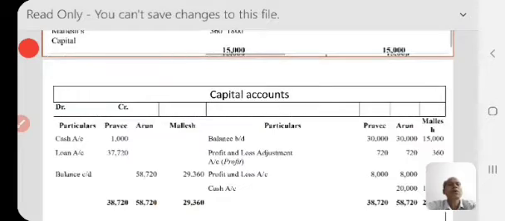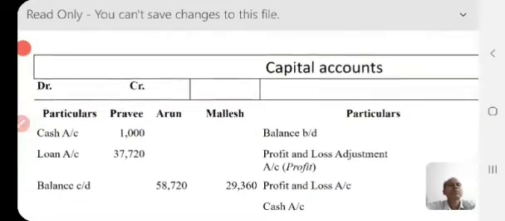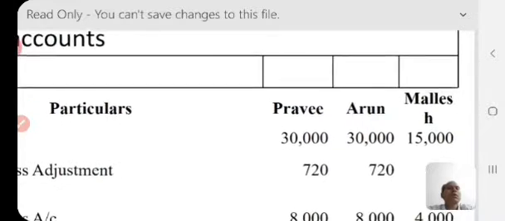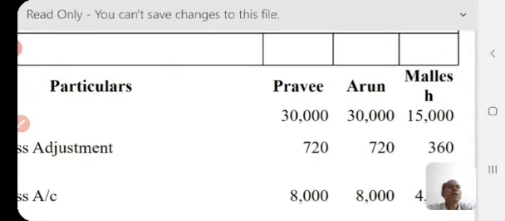So now capital accounts. The balances are 30,000, 30,000, 15,000, as we have seen at the beginning of the problem, and this is a ratio for sharing the profit and losses.